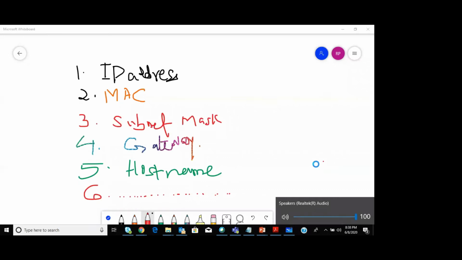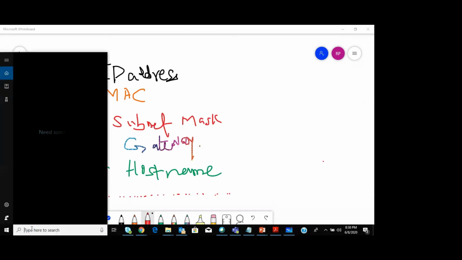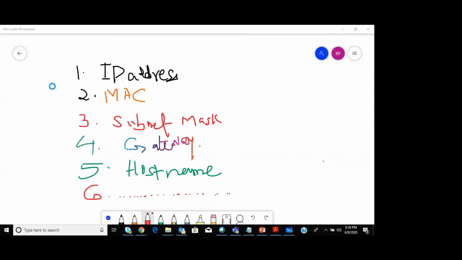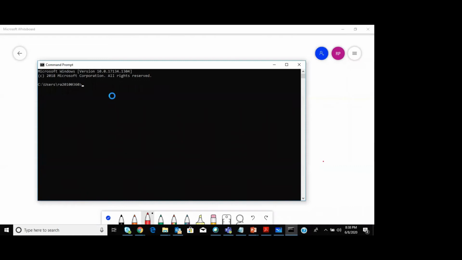That's a physical address. The serial number or physical address is called MAC address. Okay. And so the IP address, we can look at that as more logical, correct? Yes. And the MAC address is like a permanent address. It never changes.